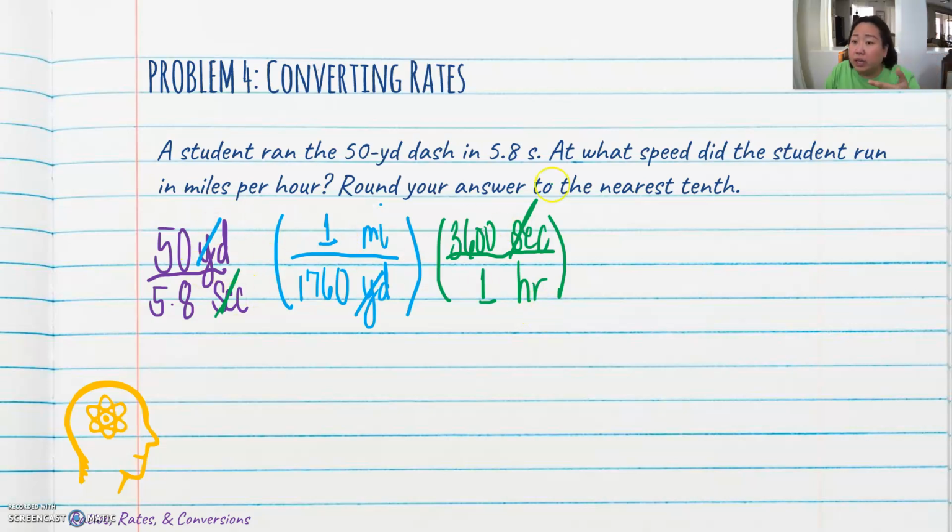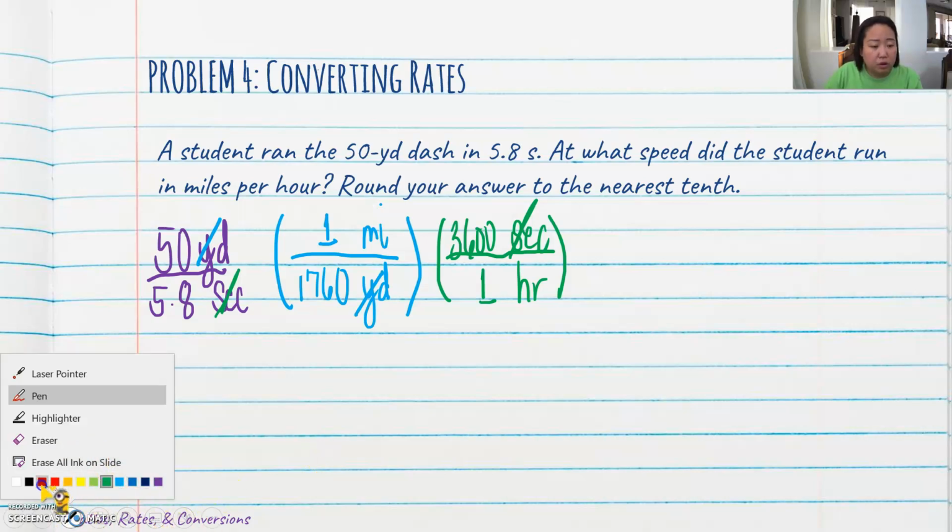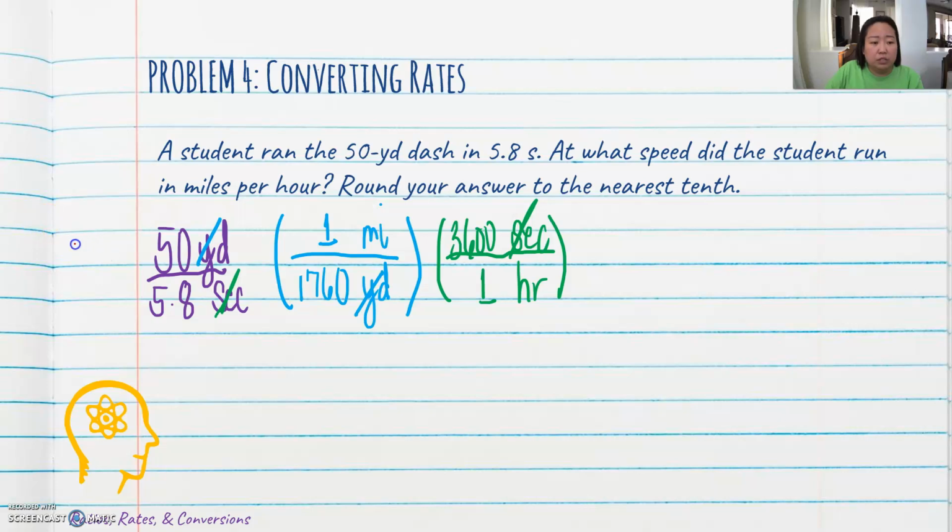So what do we do here? Okay, so now that we have our desired units ready to go, what we simply do is multiply everything in the numerator, multiply everything in the denominator. So in our numerator, we have 50 times 1 times 3,600.